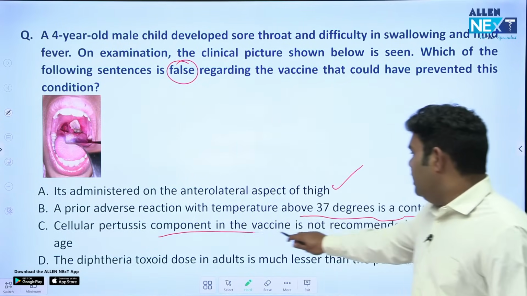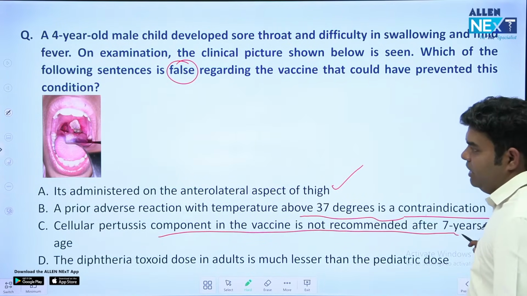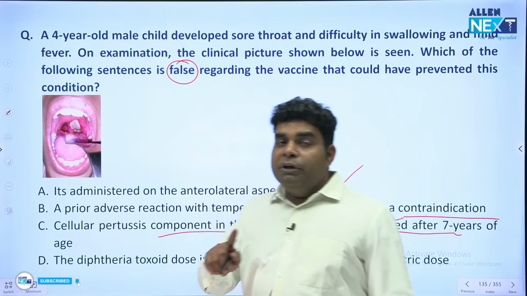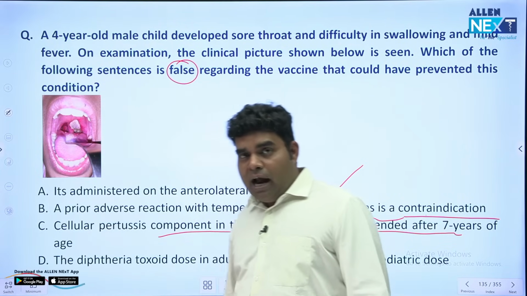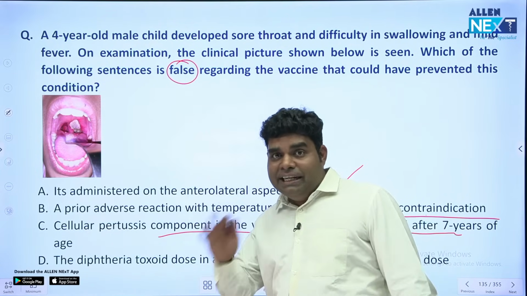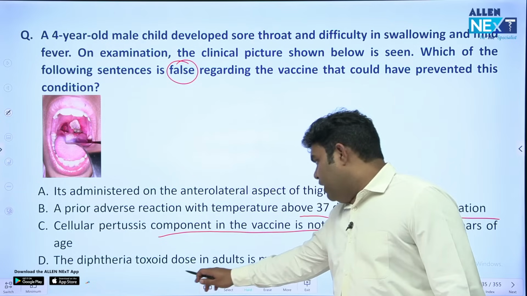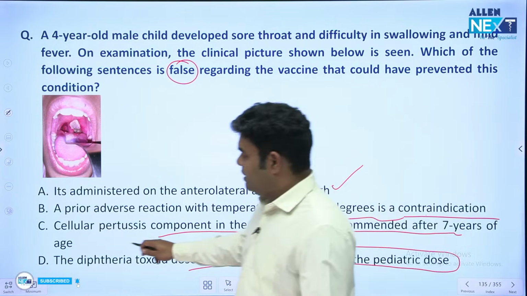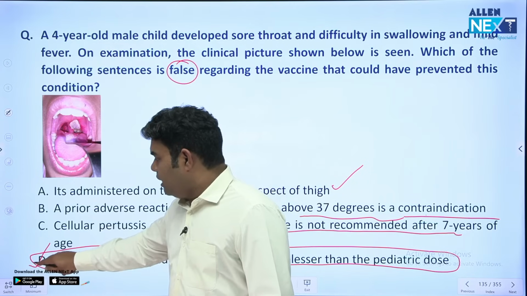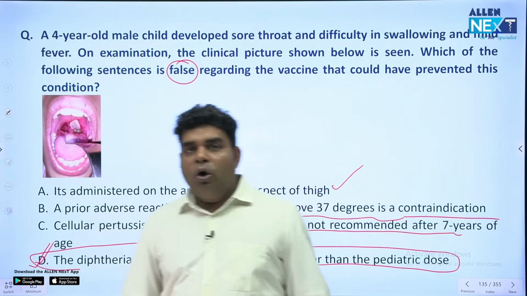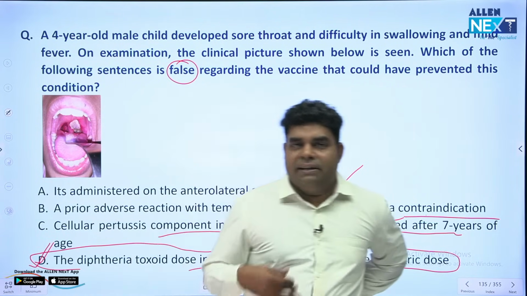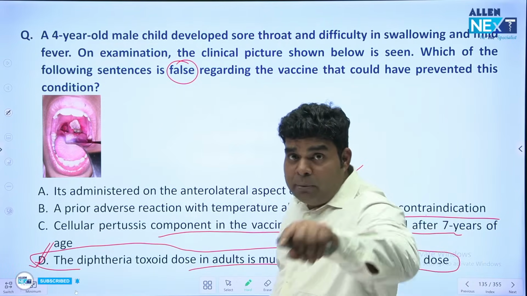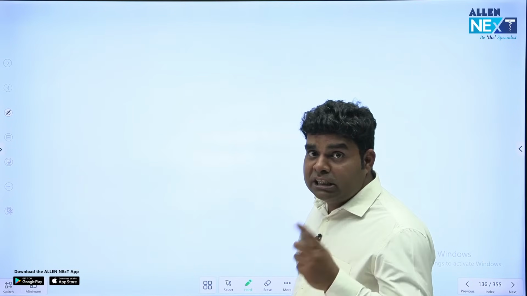Cellular pertussis component in the vaccine is not recommended after 7 years. This is correct. In DPT, due to pertussis, we do not give after 7 years. And after 7 years, we only give DT. The diphtheria toxoid dose in adult is much lesser than pediatric dose. No, it's not the thing. It is not less than pediatric dose because toxoid dose is given as a stimulant for antibody, so the dose is not less. Do remember there are 2 questions which came from this part recently.